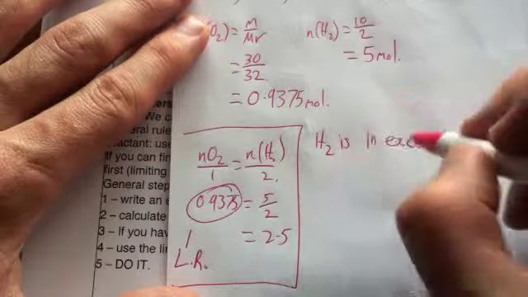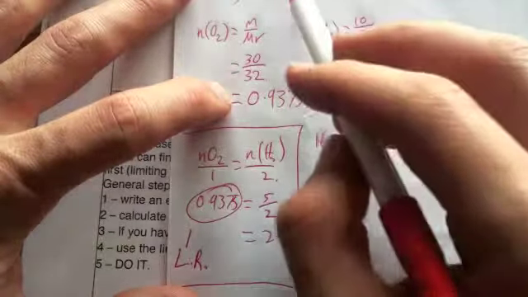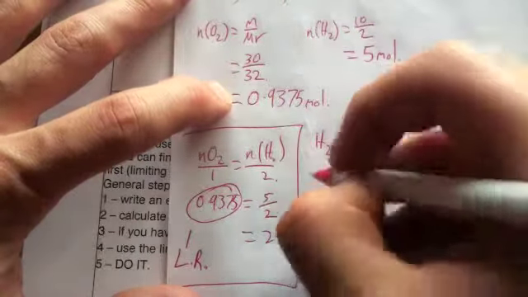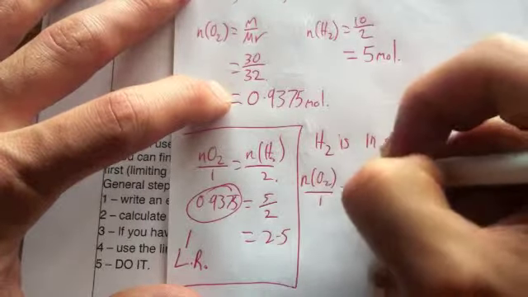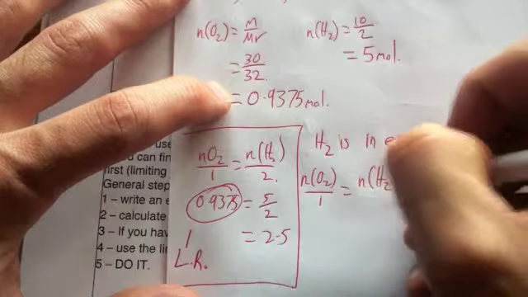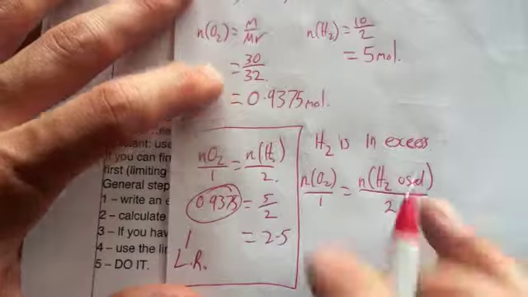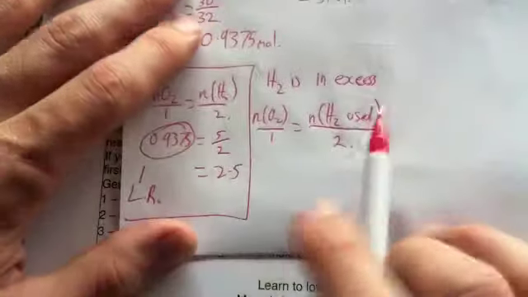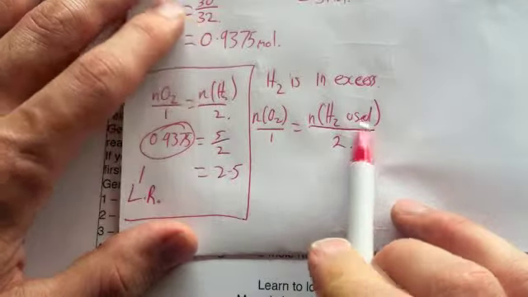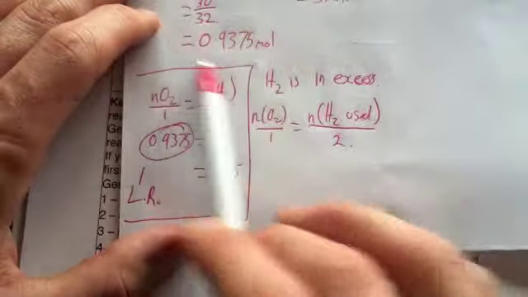To work out how much, we need to do another mole ratio, using the actual moles of the limiting reagent to work out how much of the hydrogen will be used. So the number of moles of O2 over 1 equals the number of moles of H2 used over 2, because those are our ratios from the top here. The number of moles of O2 that we are using is 0.9375, because that's how much we have.